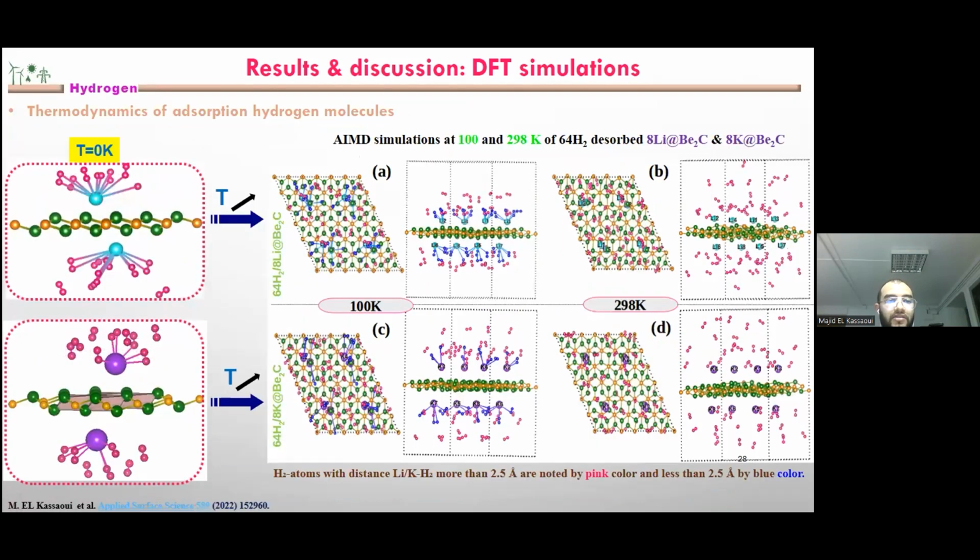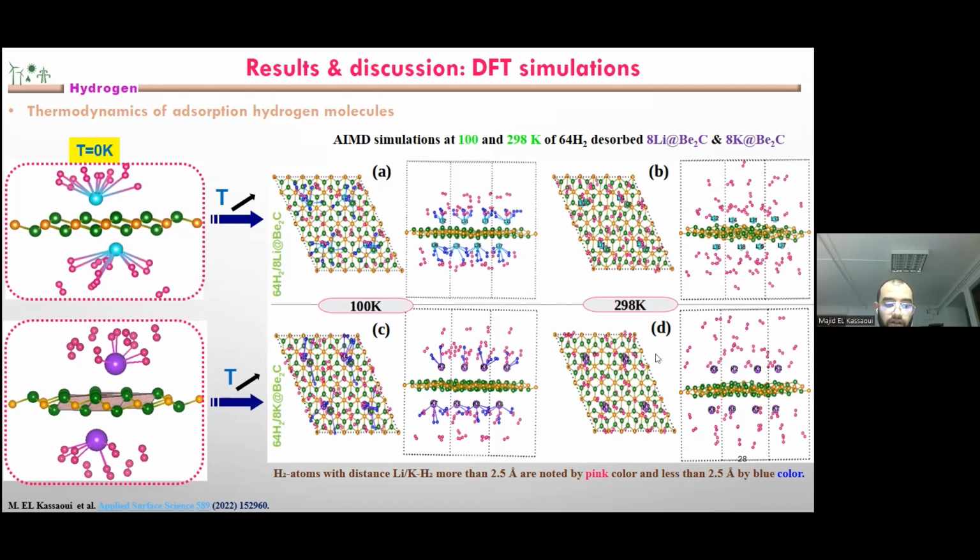And finally, the thermodynamics of hydrogen molecule adsorption. On the one hand, we can say that the hydrogen molecules moved noticeably far away from the metal decorated substrate at ambient temperature.